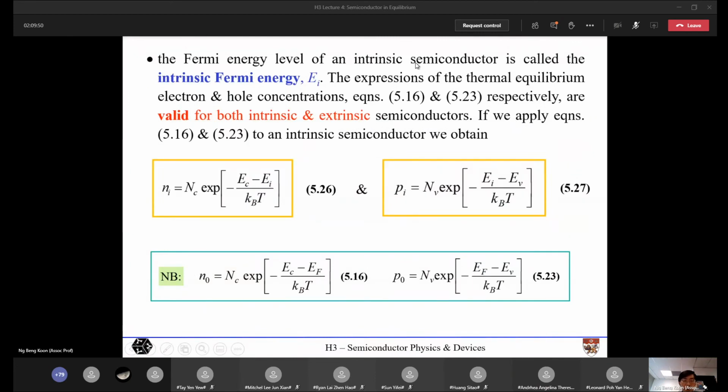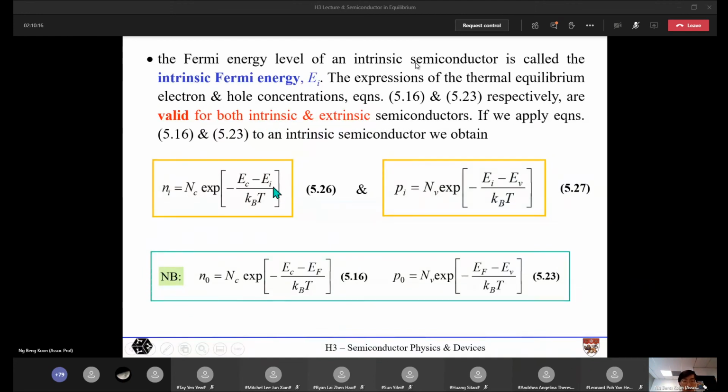Ni and Pi are essentially equal because in a pure semiconductor, for any electron that's created, it would also create a hole at the same time. Using the two expressions that we have derived and applying them to intrinsic semiconductor material, we can modify the N0 to Ni because we're talking about a pure semiconductor. The other thing we need to change is the Fermi level. For a pure semiconductor, we use EI to represent the intrinsic Fermi level.